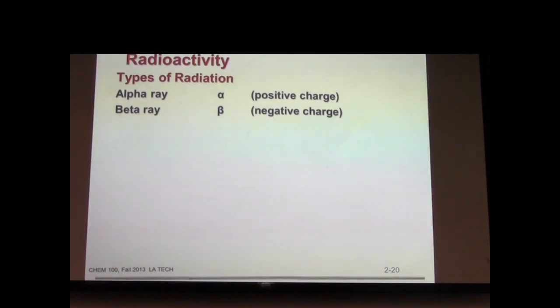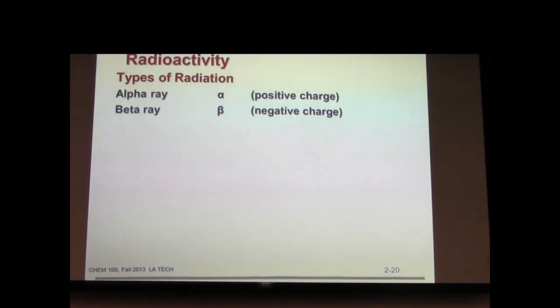So you can successively, repeatedly, okay, remove these particles, alpha, beta, right? And change the nucleus, right? Uranium would become lead.